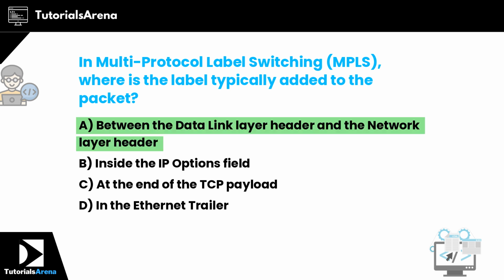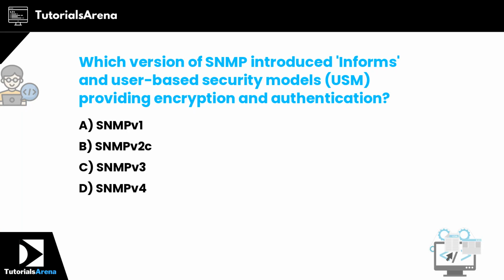The correct answer is option A, between the data link layer header and the network layer header. Which version of SNMP introduced informs and user-based security models, USM, providing encryption and authentication? The correct answer is option C, SNMP v3.